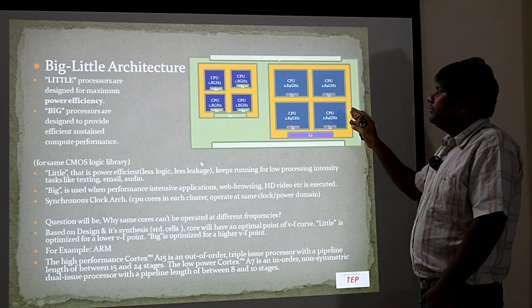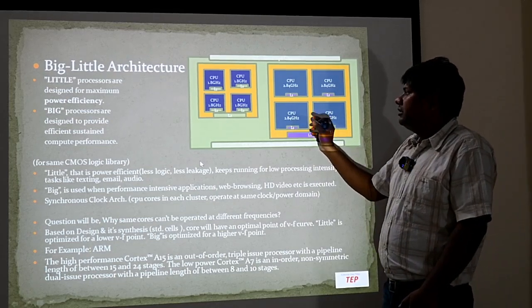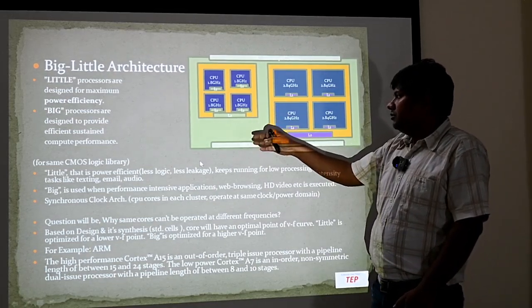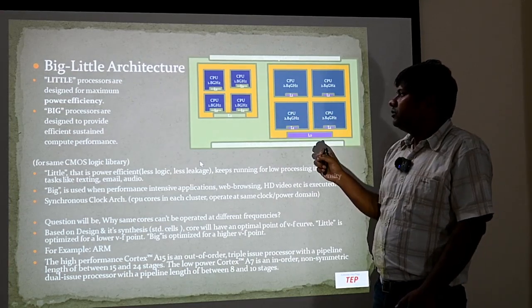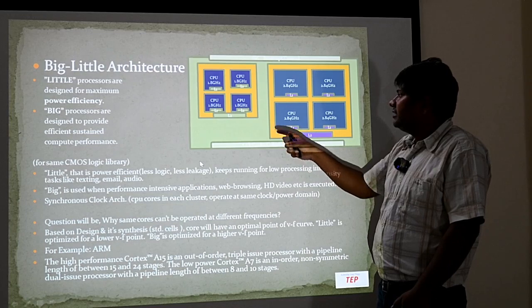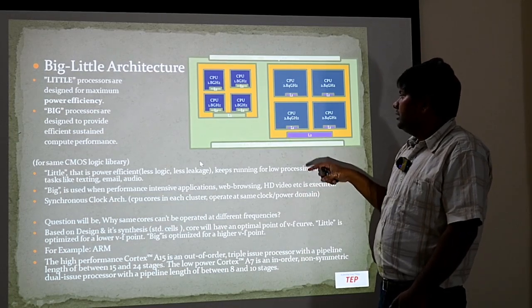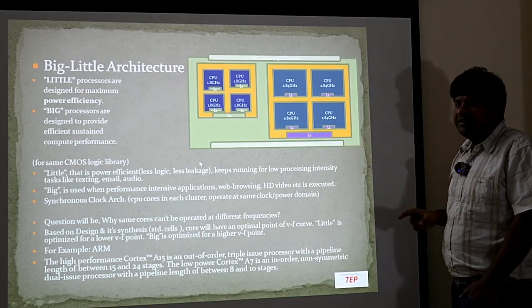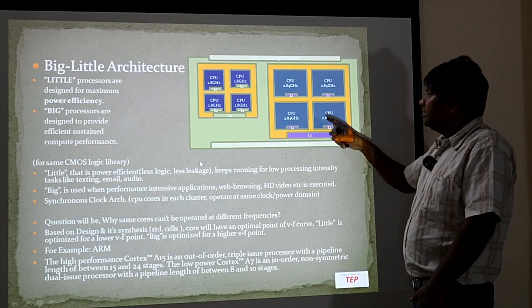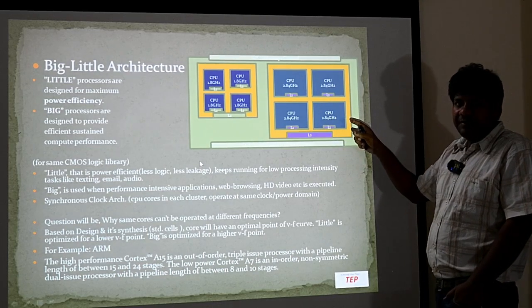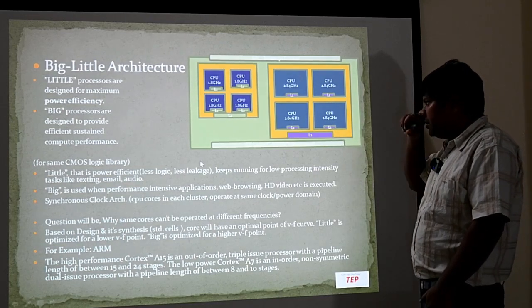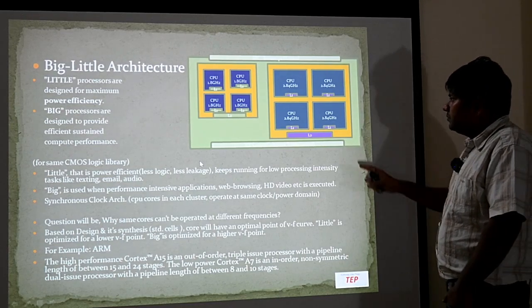But it will not be efficient to use for workloads which are not utilizing it fully. If I keep it on for those workloads which need lesser CPU throughput, it will actually be more power inefficient. So it is useful when it is used fully for its capacity for high frequency operations.